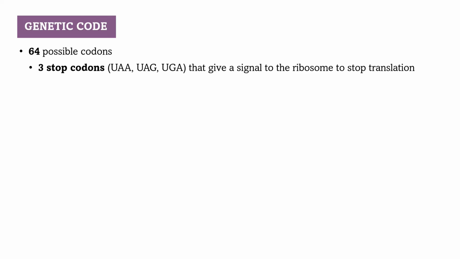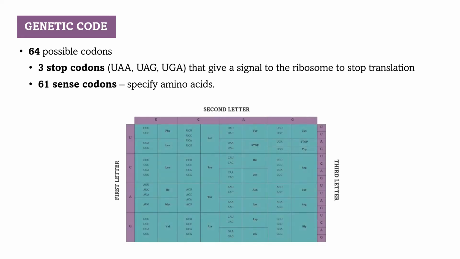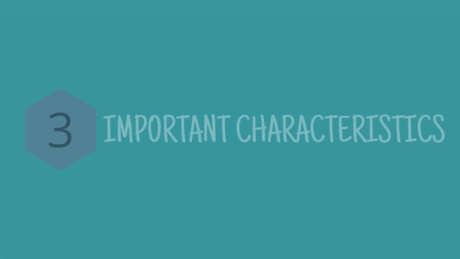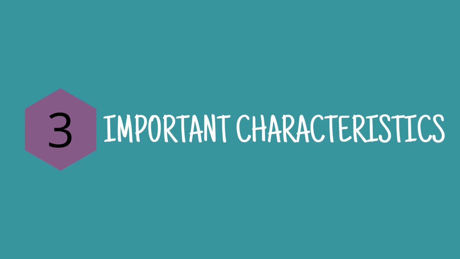The other 61 codons are called sense codons because they specify amino acids. And here you can see the table of the genetic code with all the codons and the amino acid they specify.